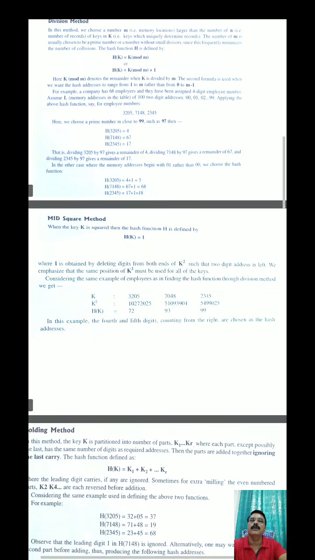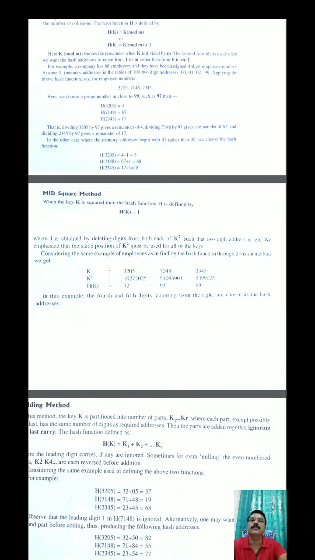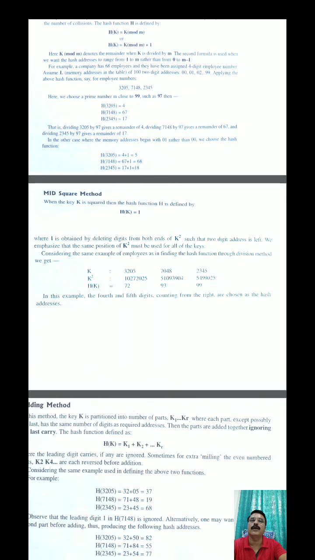There's one more method, that is the mid-square method. When the key k is squared, then the hash function h is defined by h of k equal to l, where l is obtained by deleting digits from both ends of k square such that 2-digit addresses are left. We emphasize that the same position of k square must be used for all the keys. Consider the same example of employees.